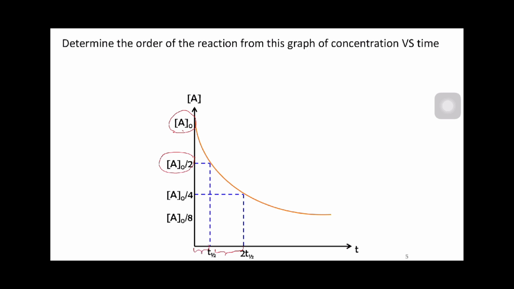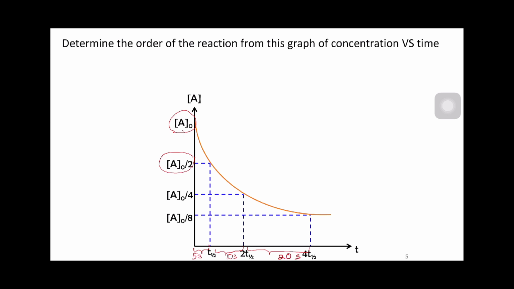For example, let's say the first half-life is 5 seconds and the second half-life now becomes double, that is 10 seconds. Next, what happened to the third half-life? For the third half-life, the time taken is 4 times the first half-life, that is 20 seconds.